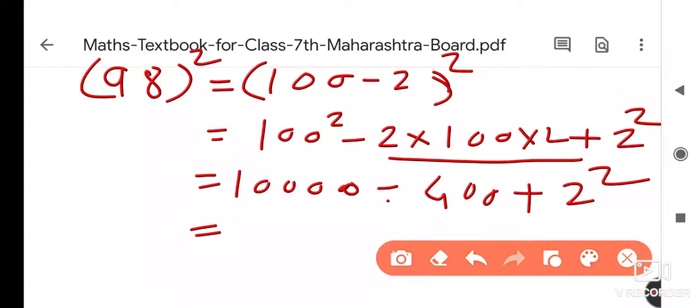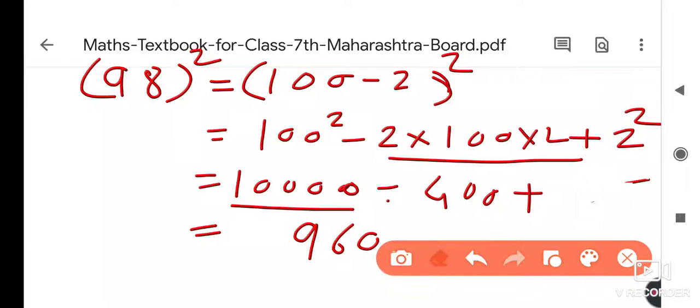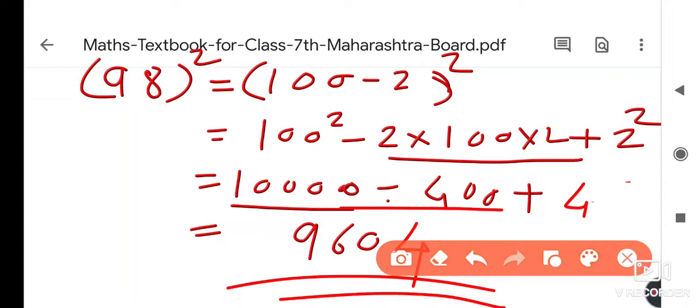So 10,000 minus 400 is equal to 9600, and plus 4. Instead of 2 square we will write 4 here. If you do the subtraction and addition of this, it is equal to 9604, that is the answer.